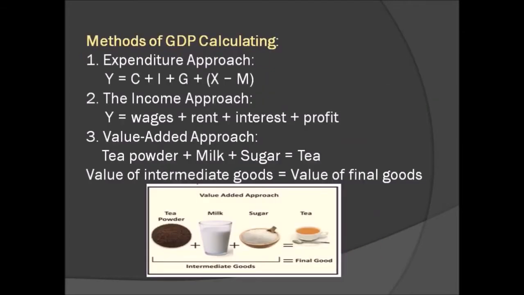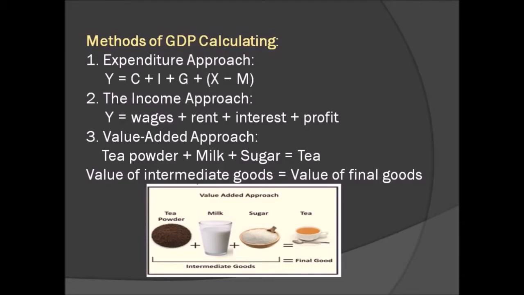Methods of calculating GDP. First one is the expenditure approach. In this method, the GDP is measured by adding the expenditure on all the final goods and services produced in the country during a specified period. That is, expenditure means the act of spending money.